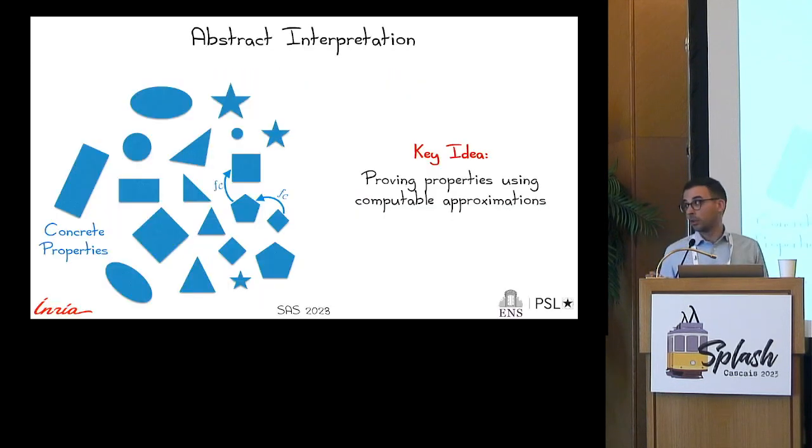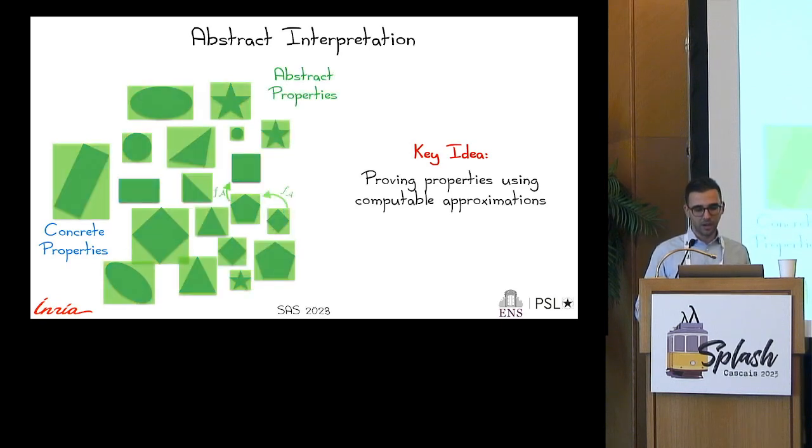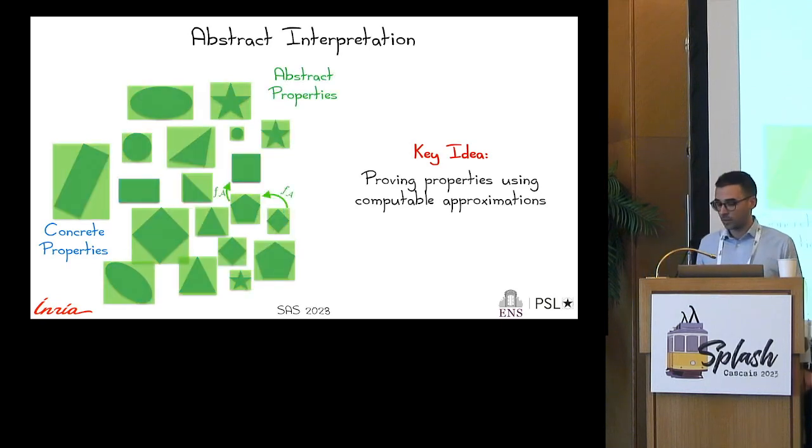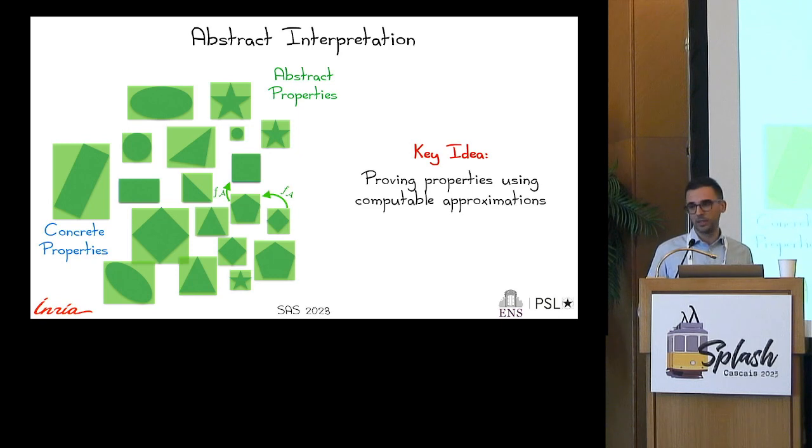So just a bit of background before. What is the key idea of abstract interpretation? In this case, the key idea is to provide an approximation, so replace the computation of concrete operators over undecidable properties by abstract operators over approximated decidable properties.